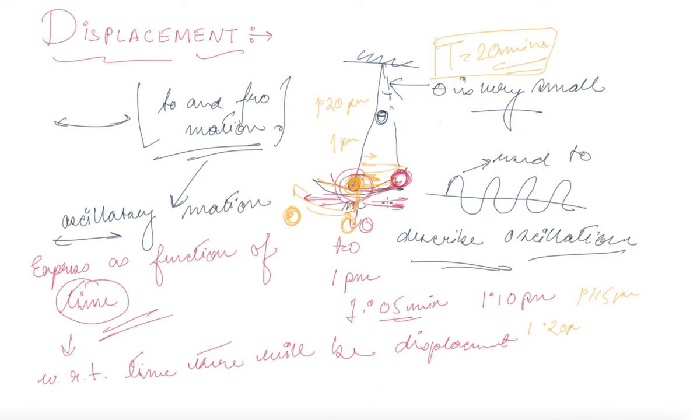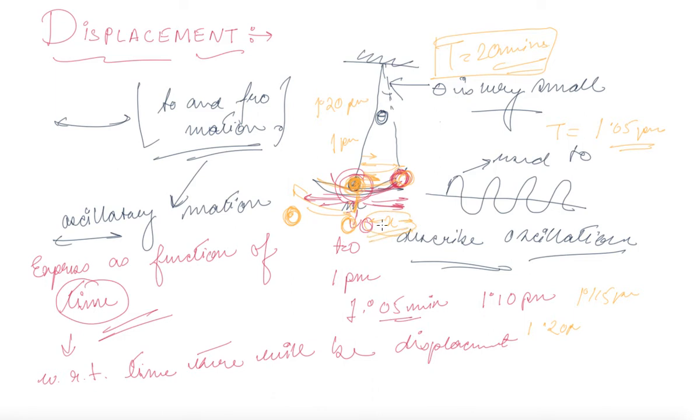So what happens? How much is the body displaced at t equals to 1.05 pm? What was the displacement? So the body is over here. So there is a displacement of x. So this is what is known as displacement.